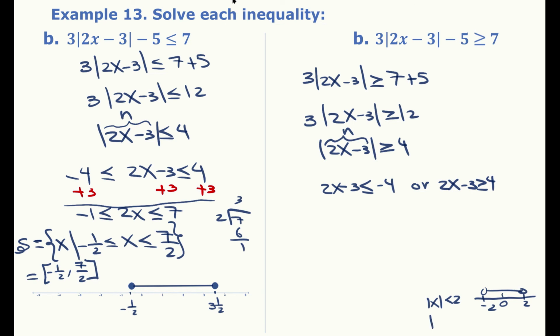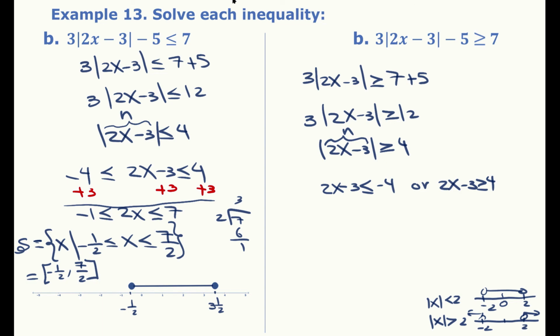And I know that if I'm dealing with absolute value of x greater than 2, now I'm looking for numbers whose distance from 0 is greater than 2. So I'm going to be looking at the numbers to the right of 2 or to the left of negative 2. Having this simple model in your mind, then you can apply it to different situations.